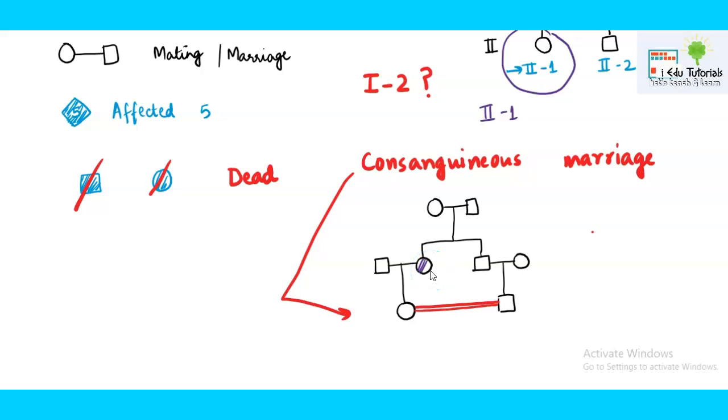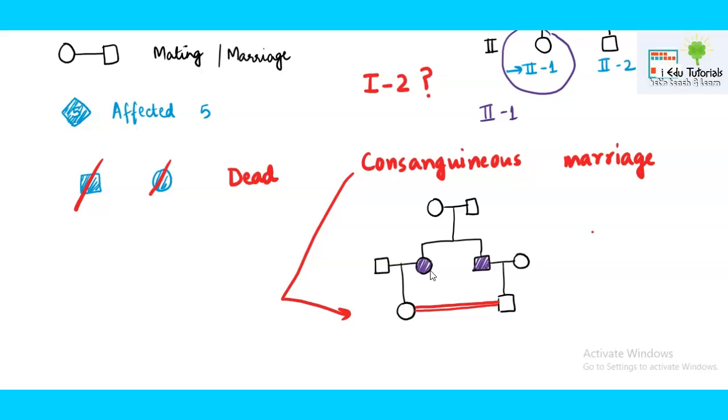See here, this lady, just to show you, I have colored it with purple. This lady and this boy are brother and sister to each other, so their children will be cousins. Here the marriage between the cousins has happened, and this is known as consanguineous marriage.